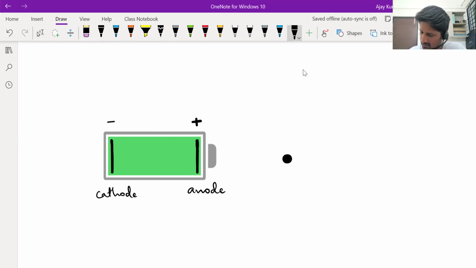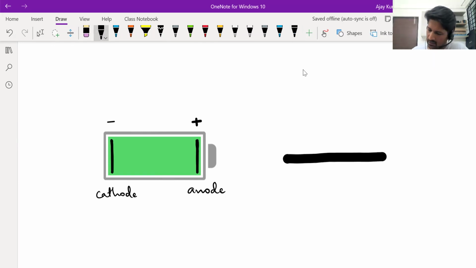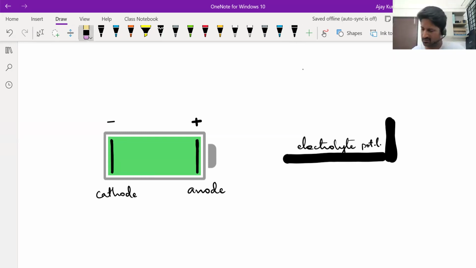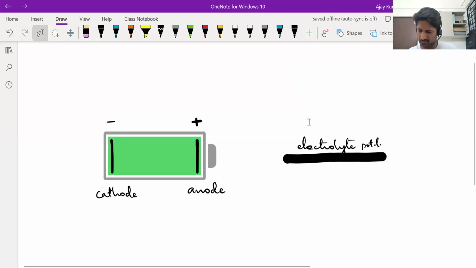Assume this reference level is the electrolyte potential. The anode will be at a slightly higher potential than this. I think that extra potential is what they call anode potential. If there's an exact definition and you know it, you can tell what is anode potential, what is cathode potential.